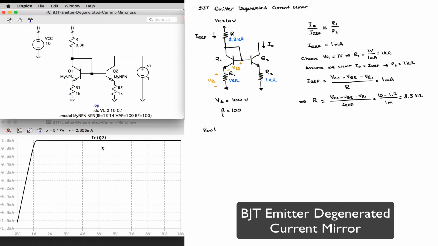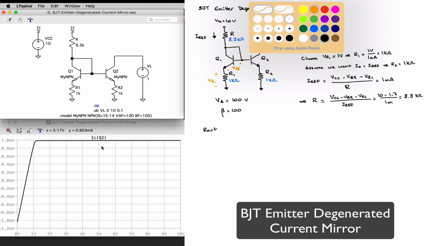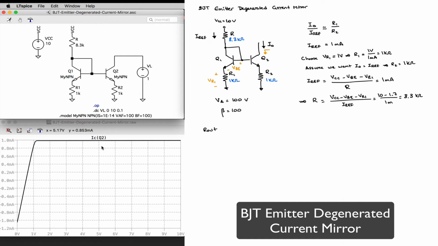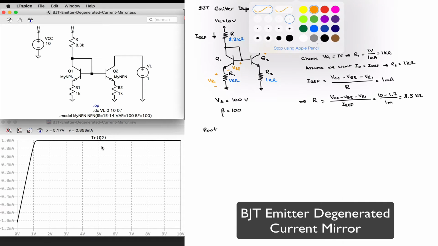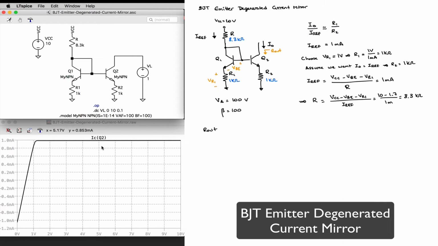My output resistance R out, looking into the collector of Q2, is, now that I have added that emitter resistor, going to be equal to little rho 2 times (1 plus gm times (R pi 2 in parallel with R2)).